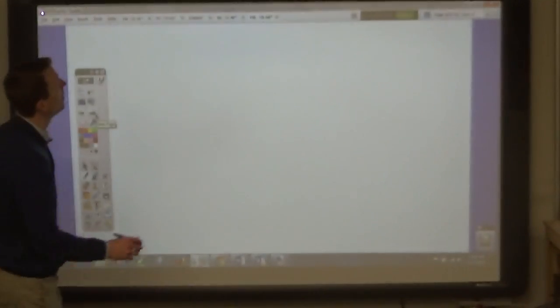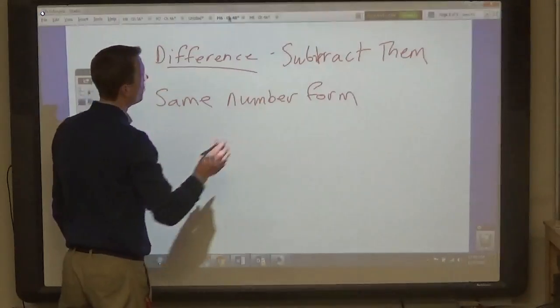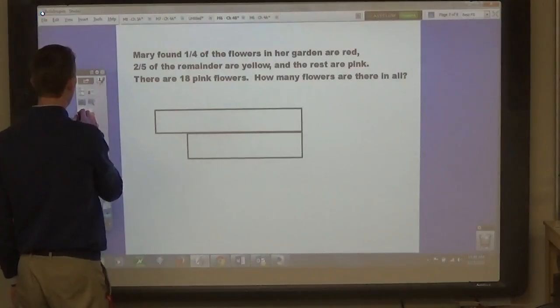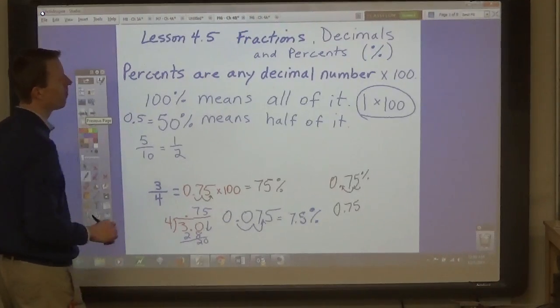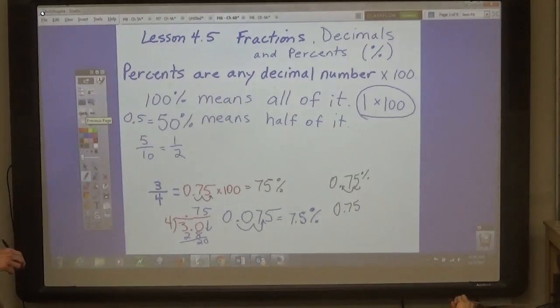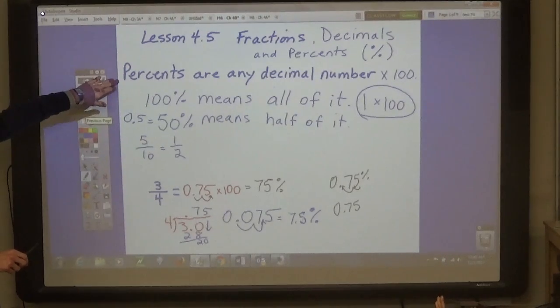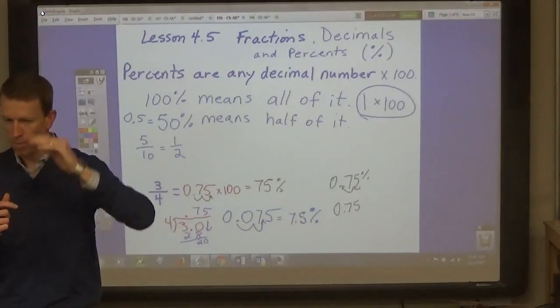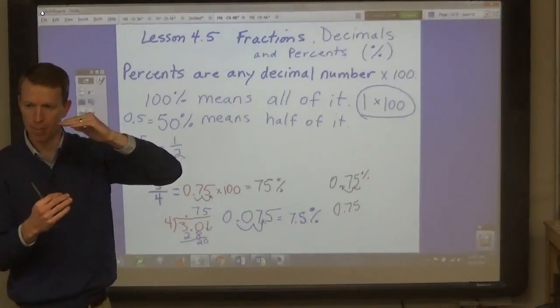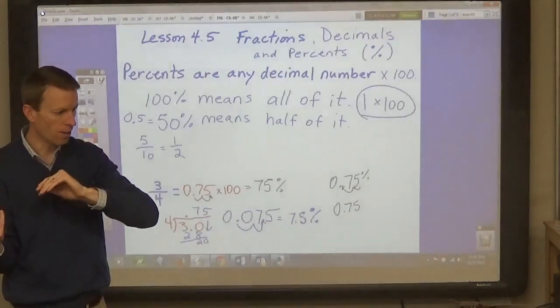And then we went to how to use that to compare fractions, decimals, and percents. Percents are any decimal number multiplied by 100, right? We talked about how when you are given a grade, you can find your percent by dividing the top number by the bottom number. That gets the decimal form.